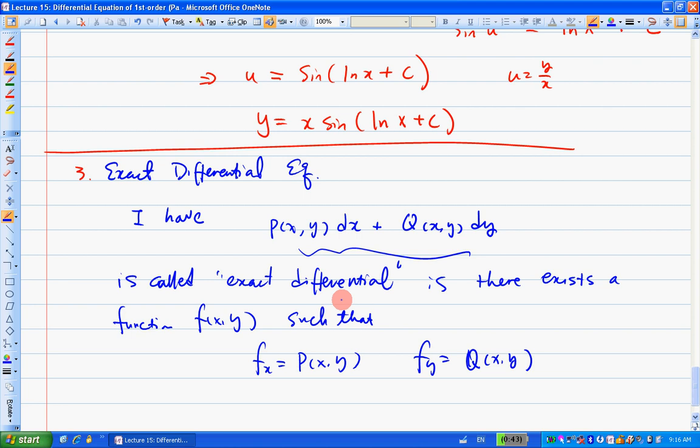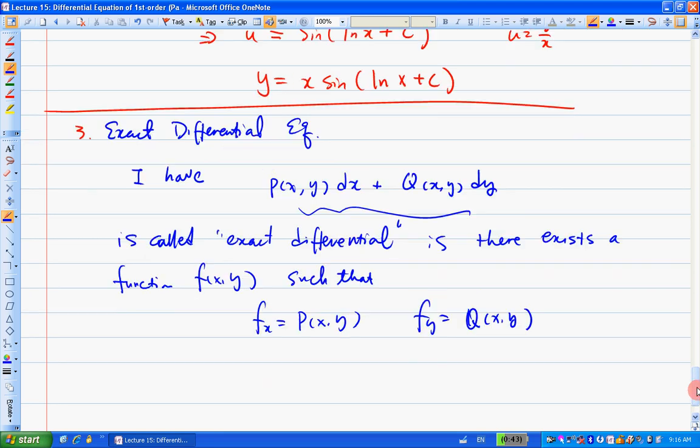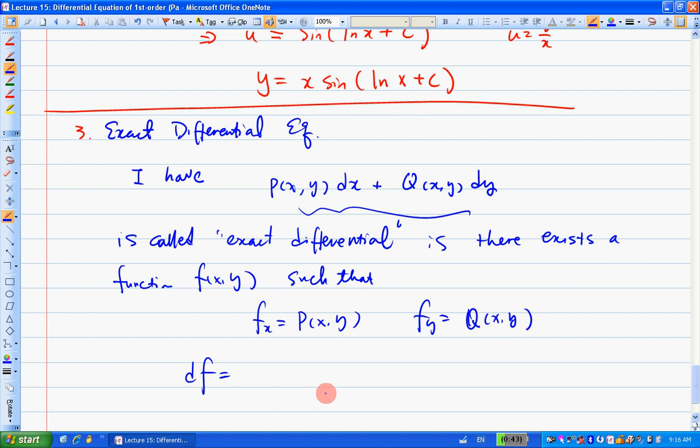It's going to be called an exact differential if there exists a function f(x,y) such that partial f over x is P, partial f over y is Q. As a matter of fact, this basically means df equal to this guy here.